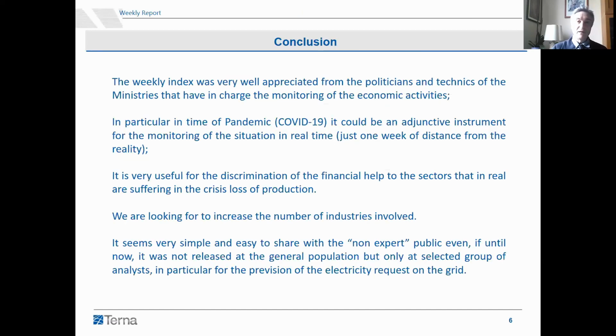So, a very, very big impact. Just now, in September and October, it tried to start again, with a new measure, a super bonus that tries to push new activity in construction.